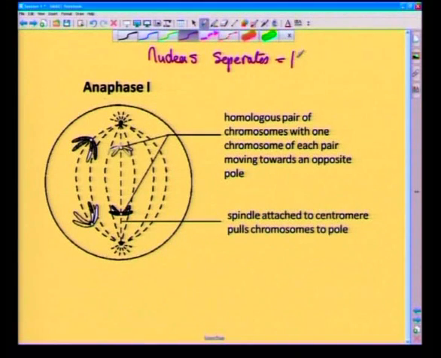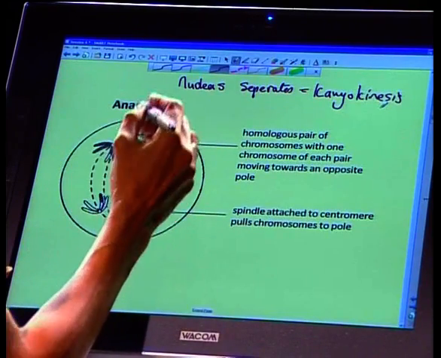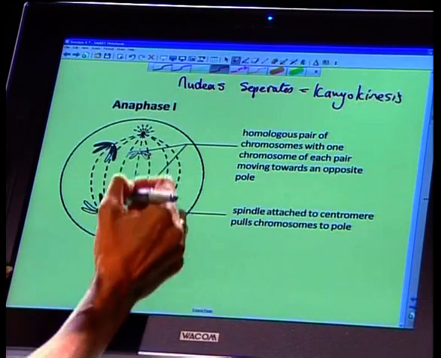This is when we say karyokinesis. Karyokinesis occurs. Anything to do with the nucleus is karyo, and kinesis, to move. So that is when the actual nucleus starts to split, is directly after metaphase, when those chromosomes start to move away from the equator. So they move up towards the poles.